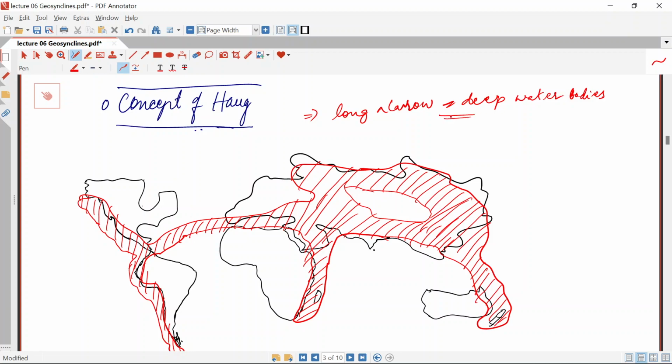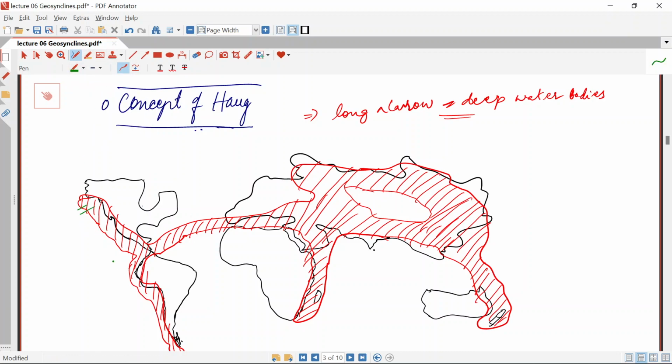This is what Haug defined, and he demonstrated geosynclines by producing the evidence of a paleogeographical map of the world. This is the paleogeographical map of the world we can see here.